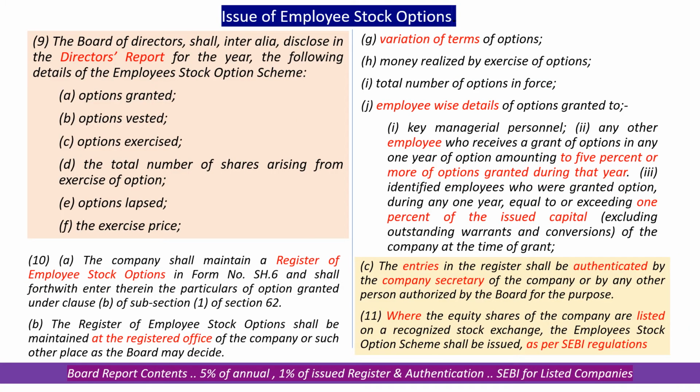This is regarding the Board of Directors report and the employee stock options register, authentication, following of SEBI guidelines, and details of variation of terms if any, and employee-wise details of people belonging to the two groups of 5% and 1%.